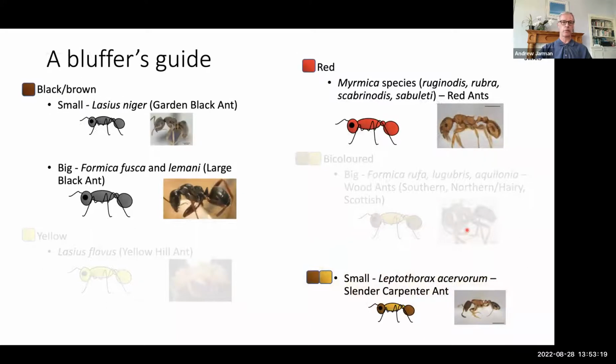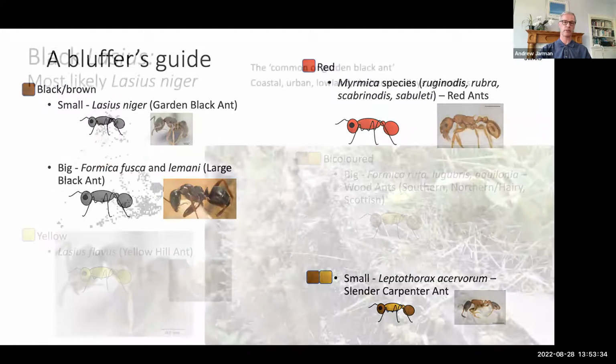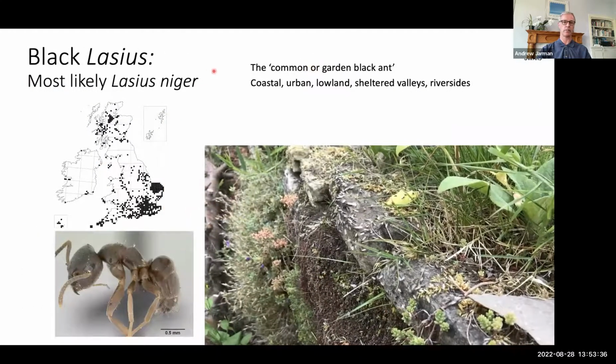Okay, so if we go back to our Bluffer's guide, then we have now covered the yellow ants here and these large bicolored ants. Now, I said the other two Formicine ants are both black, and so they're much harder to tell apart. Firstly, one of them's a Lasius.